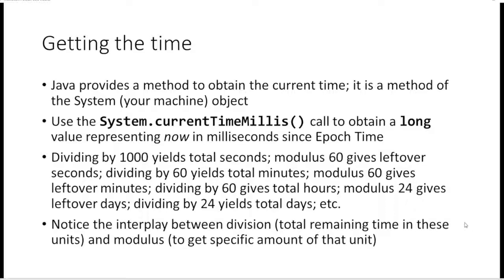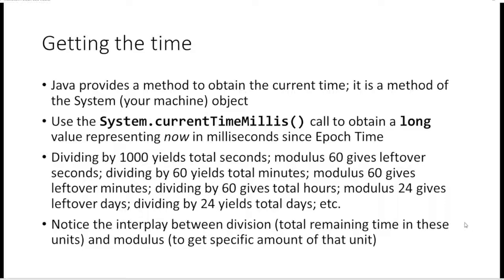Now, if we divide those milliseconds by 1,000, that will yield the total number of seconds since epoch time. For those that are astute with their mathematics, you realize if we take the number of milliseconds and just simply divide as an integer by 1,000, there may be a number of milliseconds that get chopped off. That's part of what we're going to deal with, the idea of finding those parts that are going to be left over.